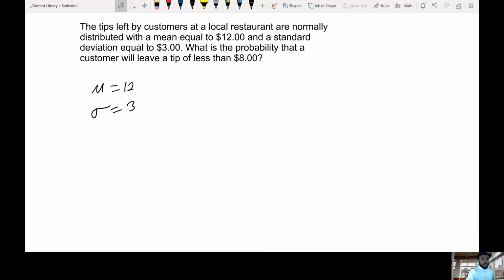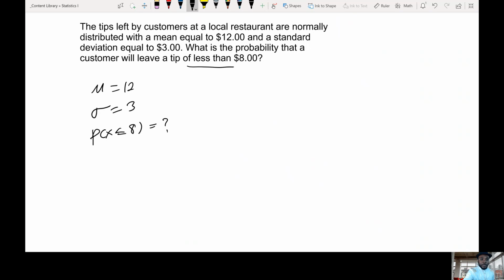Okay. Now, what are we to find? Find the probability that the customer will leave a tip of less than $8. So this is saying the probability that X is less than or equal to 8. So what is this probability?